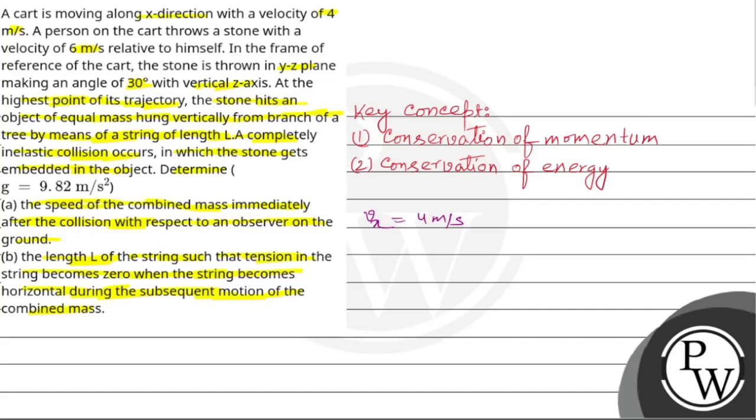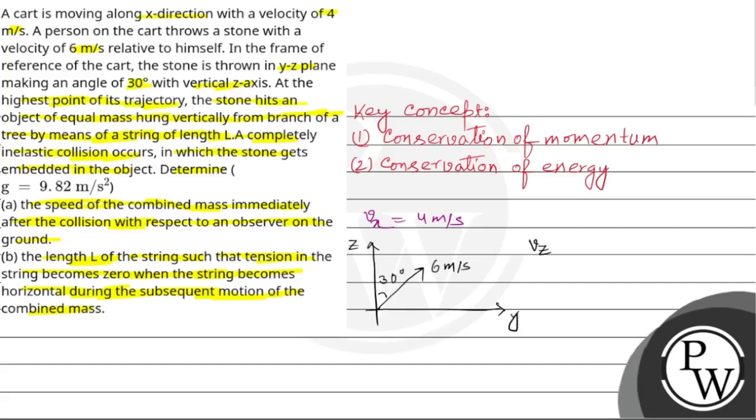Okay, now this is our z y coordinate, and the stone is thrown with 6 meter per second velocity and makes an angle 30 degree with vertical z axis.